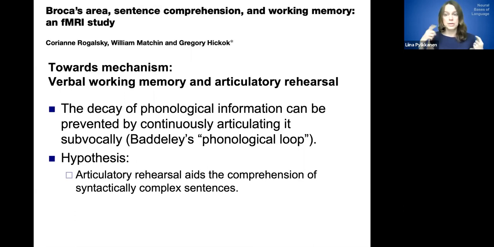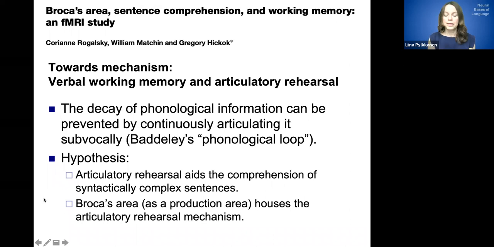Okay, so the core idea here is that articulatory rehearsal, which refers to the subvocal production process that allows you to keep something in mind, is a process that aids the comprehension of syntactically complex sentences, such as the ones we've looked at so far, where you have to hold something in mind in order to integrate that expression later.